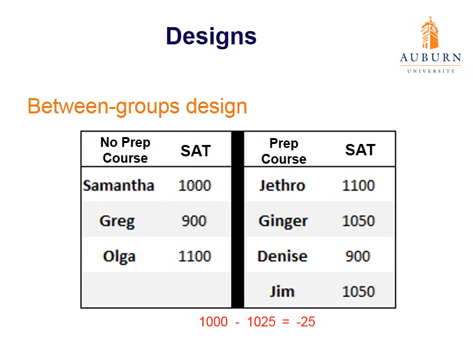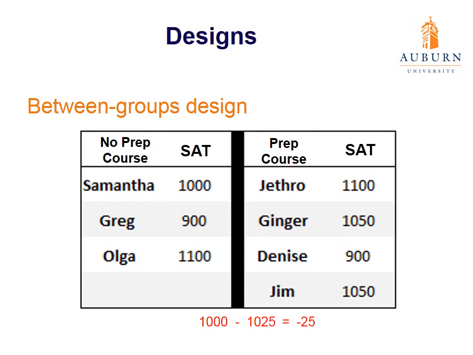Now this becomes our best estimate for the population difference. So we can take this negative 25 and compare it to the distribution of differences between means in the population, which we said we assume to be a difference of 0.